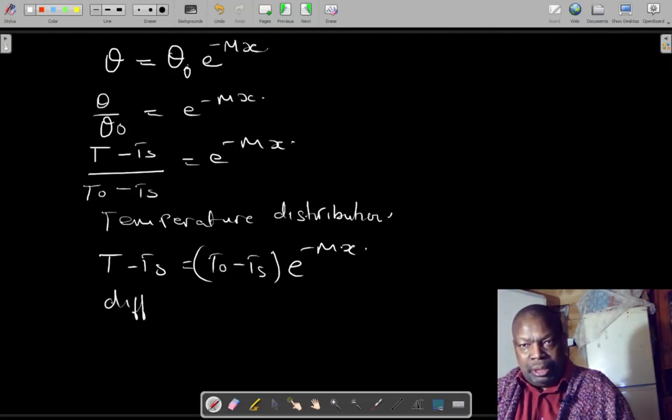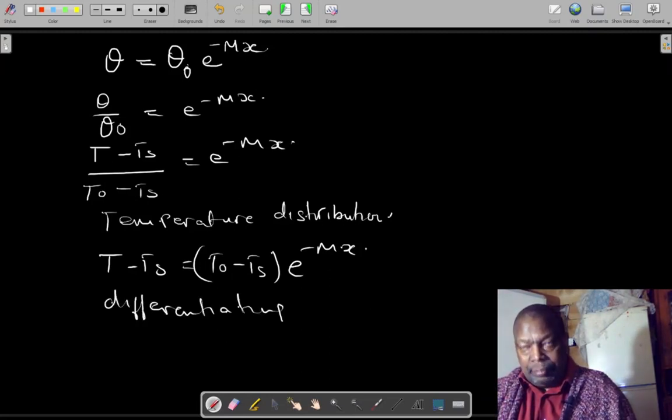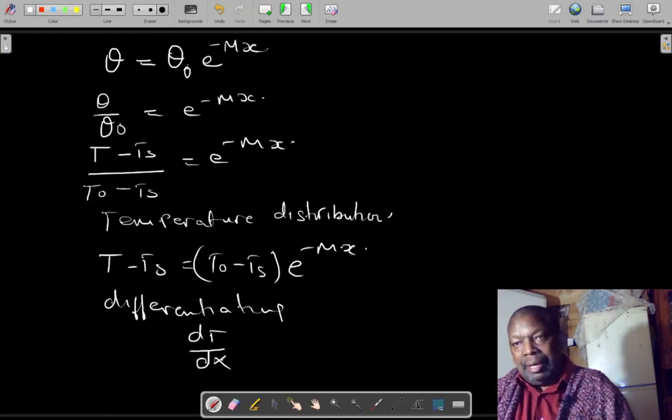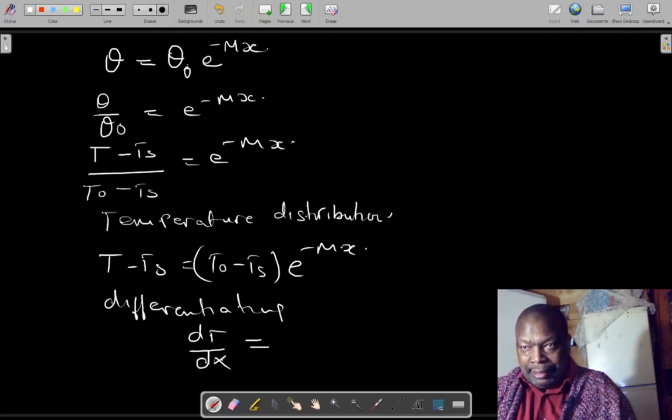Differentiating the expression, we get dT/dx minus dTs/dx, which is 0, is equal to (T naught minus Ts), which is a constant, times d/dx of e to the power of minus mx.